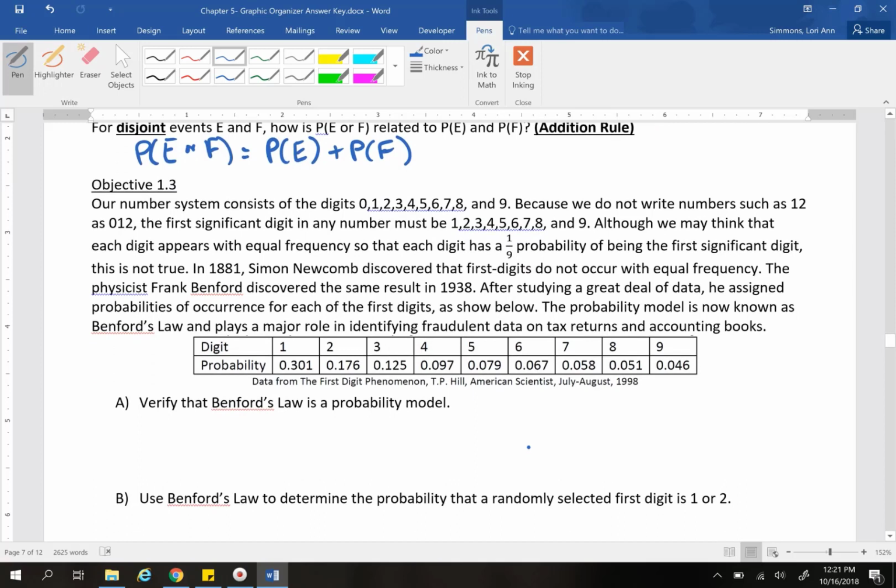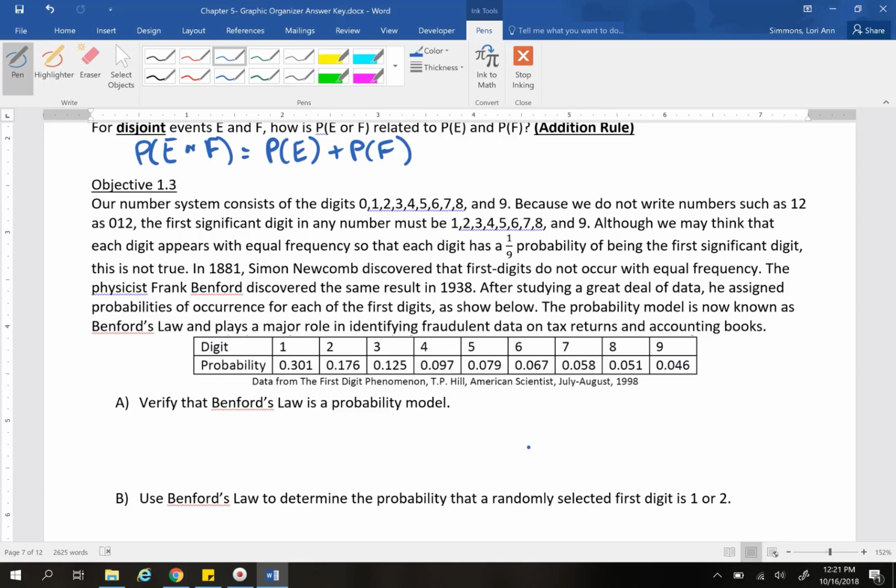Our number system consists of the digits 0, 1 through 9. Because we do not write numbers such as 12 as 012, the first significant digit in any number must be 1 through 9. Although we may think that each digit appears with equal frequency, so that each digit has a 1/9 probability of being the first significant digit, this is not true.